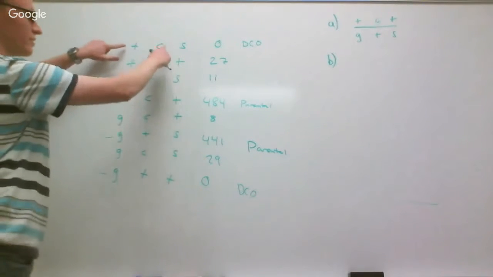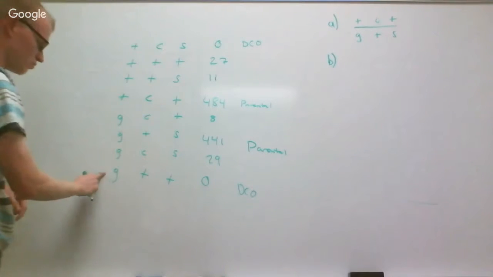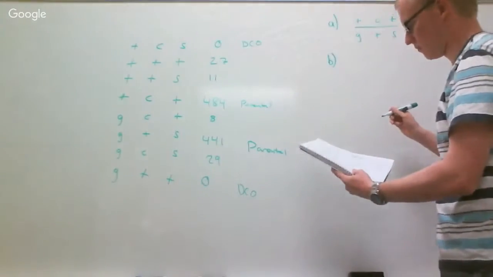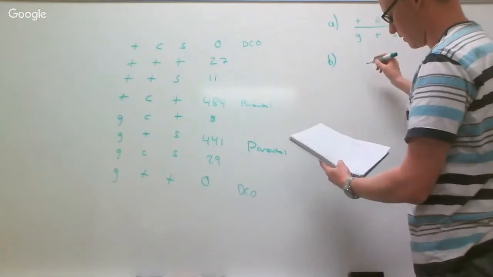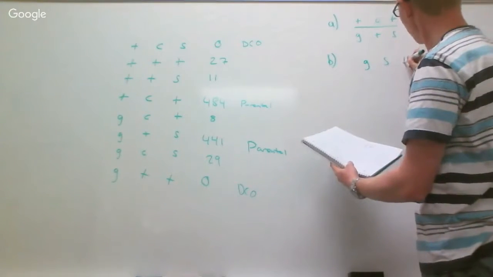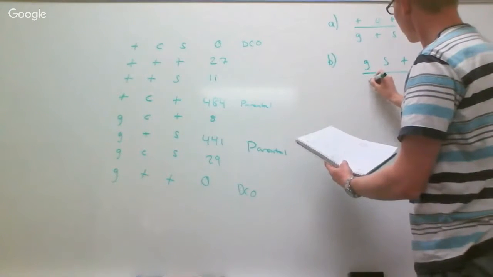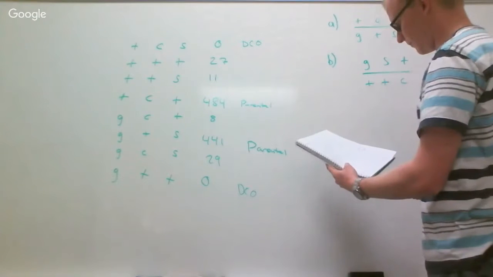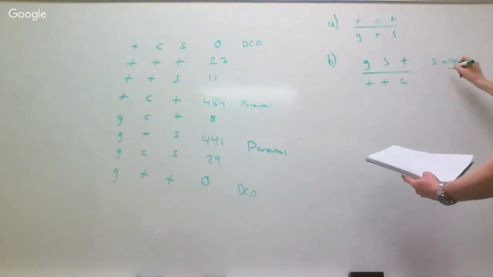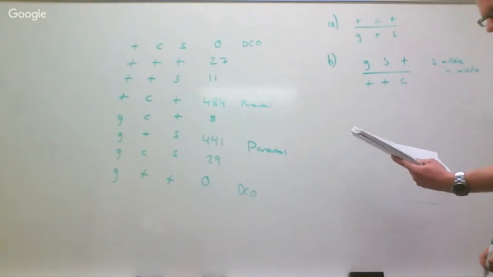Again, the only difference, because you have a wild type, coal body, the only difference is in the S striped allele. Therefore, it has to go in the middle. So let's just write this. Again, it doesn't matter a ton. G S plus over G plus C. And I was making up the S allele is in the middle. And so that'll do it for part B.